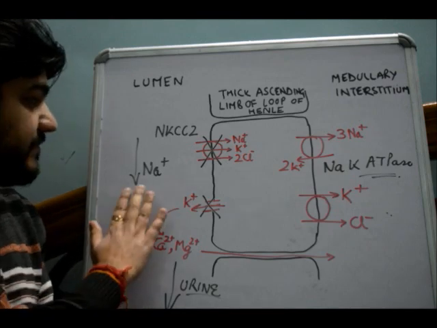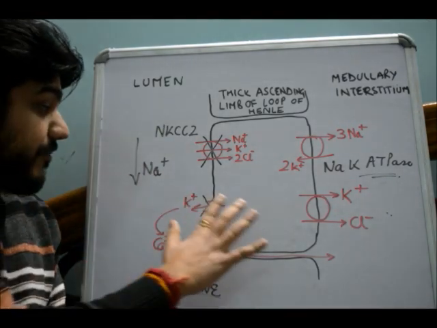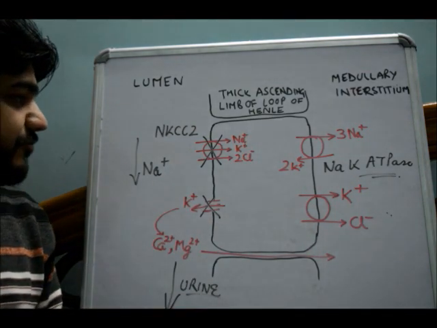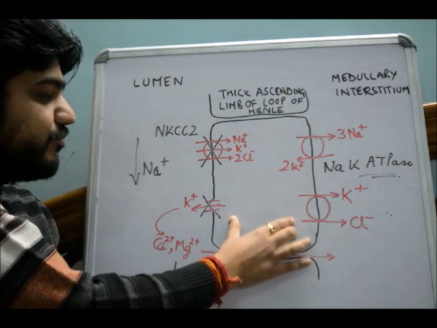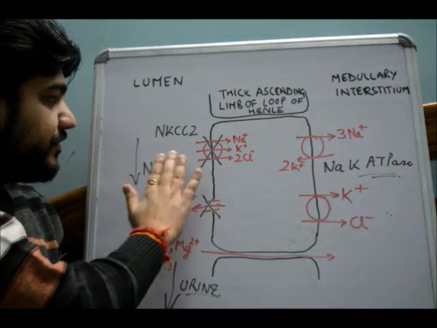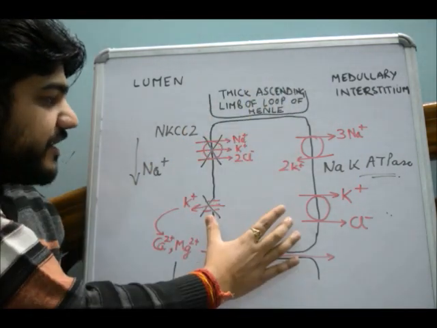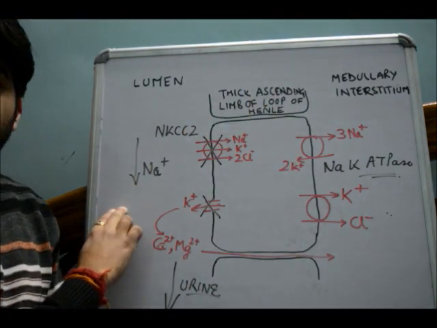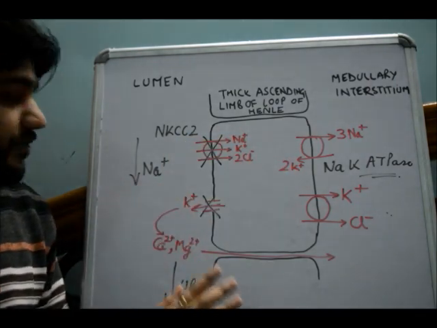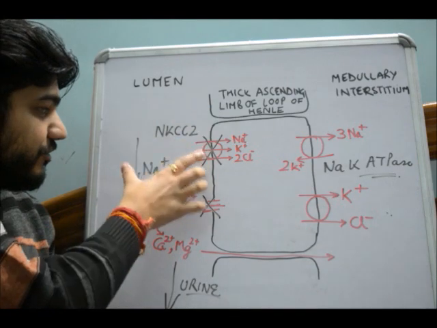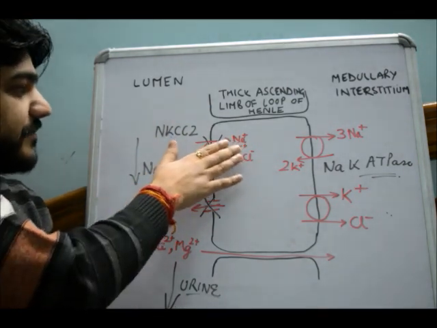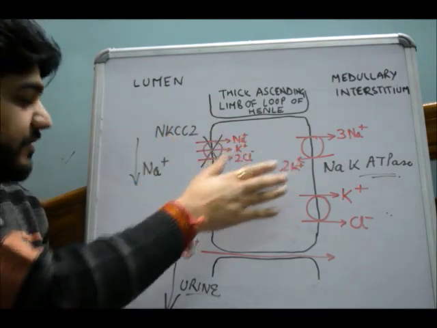Okay. Now again, one more thing, since I have told you that this thick ascending limb of the loop of Henle is impermeable to water. So normally when there were no diuretics, this would lead to dilution of the tubular fluid, because the ions would be moving but there was no net movement of water, so there would be an excess of water in the lumen, and only these ions would be reabsorbed.